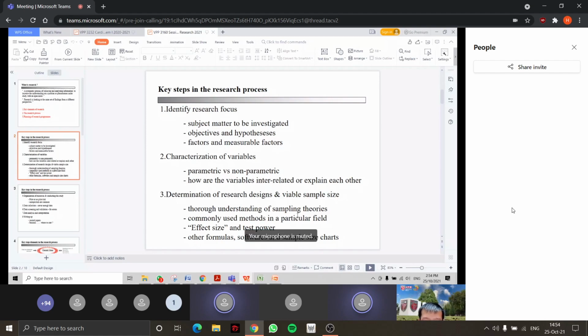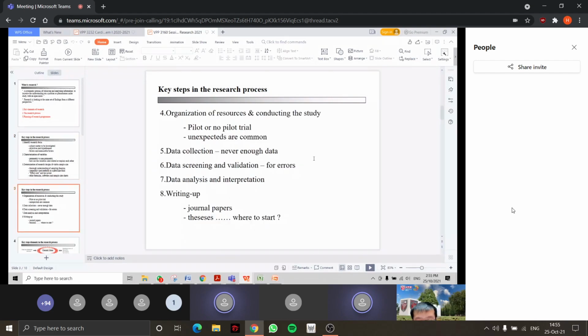Now, once you have that, you organize your resources. If you know that you need 100 participants, then you have to figure out how to get the 100 participants. The same thing as what you're going to plan and do later for your semester project. You may figure out that I'm surveying 6 factors, and in order to make it accurate, I'm taking maybe students from DVN1 to DVN3, and then I'm going to measure these parameters.